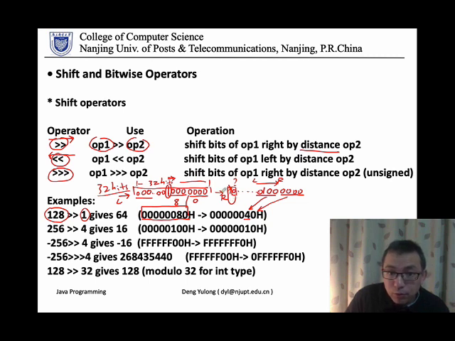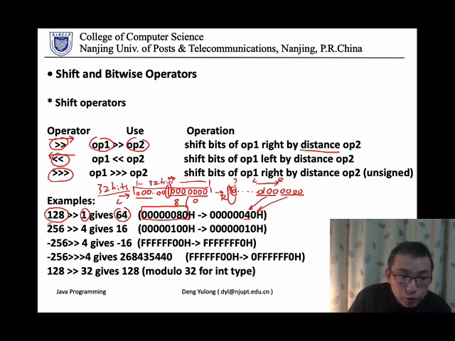So the 0 comes into the very beginning of this word. So we get the result as 0 0 0 0 0 0 4 0. This is the final result of the shifting operation. Written in decimal format, we get the result 64.